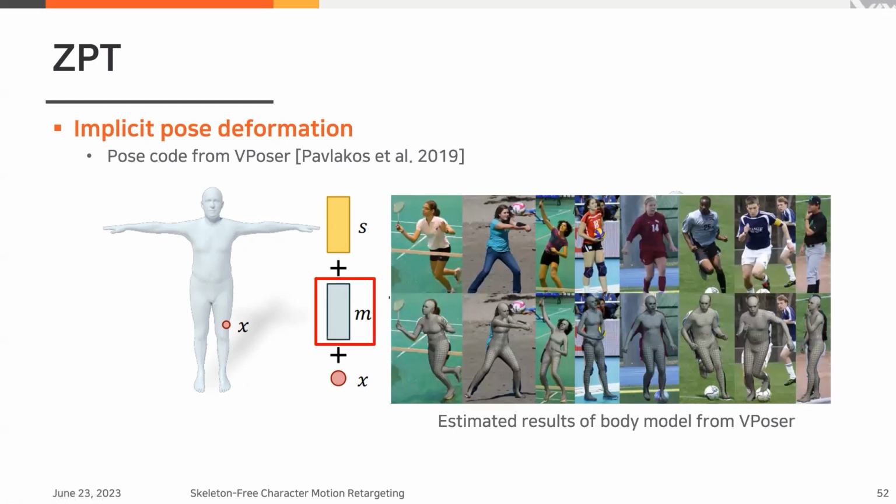And instead of learning a latent pose space from scratch, they use the corresponding pose code in the latent space of VPoser, which is trained with the large-scale AMASS dataset. So it facilitates faster training and provides robustness to overfitting. And through the utility of VPoser in different modalities, such as videos, this model can be applied to transfer poses from various modalities to an unrigged stylized character.